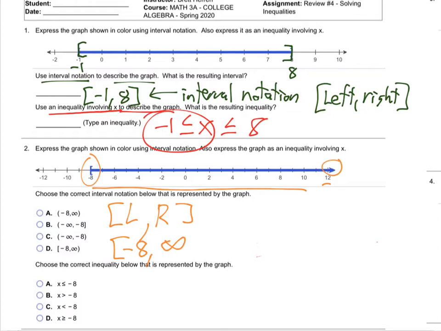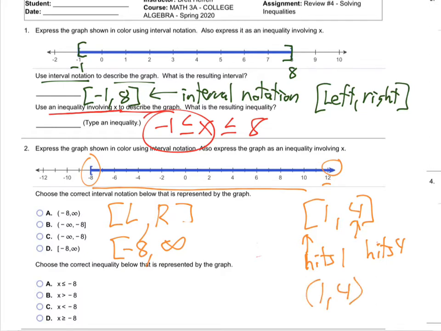And now let's talk about the difference between a parenthesis and a bracket. If you put a bracket on something, what you're saying is it hits that number straight on. Do you remember that? Like if I go, let me come over here and go like 1 to 4. If I go like that, that means it hits the 1, and it hits the 4 straight on. Whereas if I go 1, 4 with parentheses like that, it's close to 1 and 4.